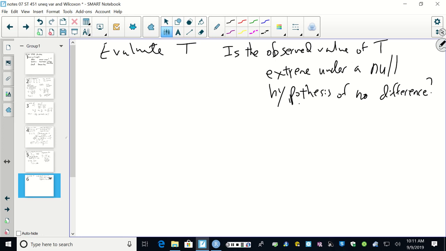We want to evaluate that. So one option is we randomly sample n1 values without replacement. We don't do any repeats.